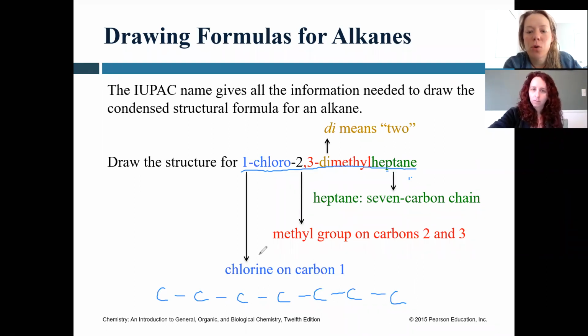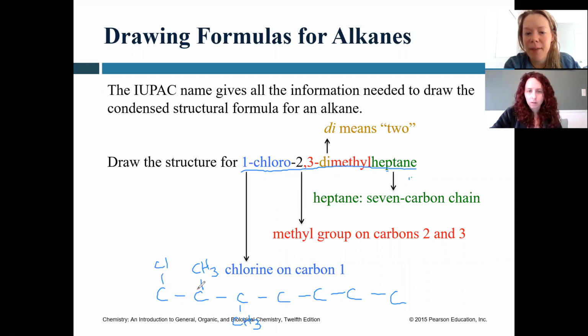So I have a chlorine on carbon 1. So let's add a chlorine on carbon 1. I've got 2 methyl groups, and there is a methyl group on carbon 2 here, CH3, and there is a methyl group on carbon 3 over here, just for space, CH3. Okay, so I've put all my accessories in.